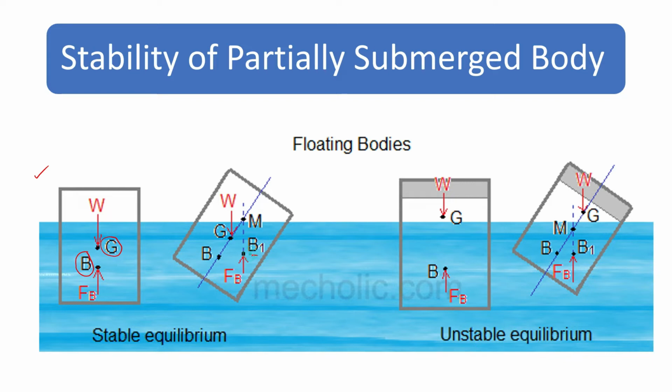So this is B1. If you draw a vertical line through this point, that is the buoyant force, it will intersect the earlier line at this point, and this is called the metacenter, as we have discussed earlier.